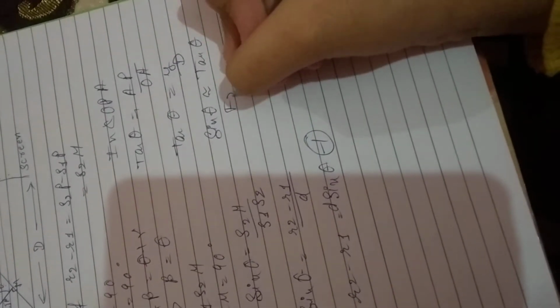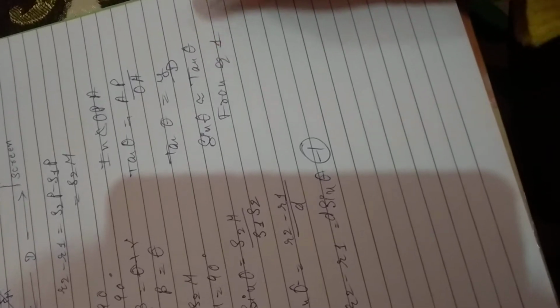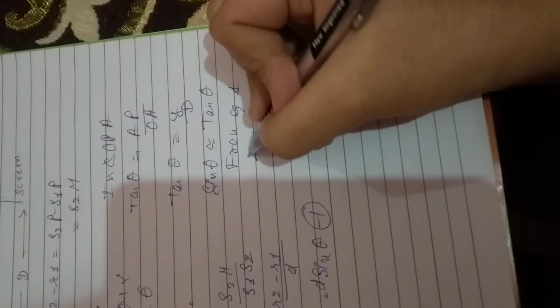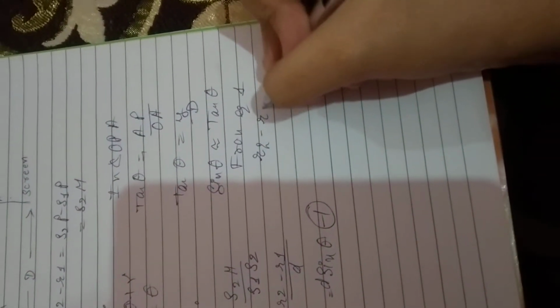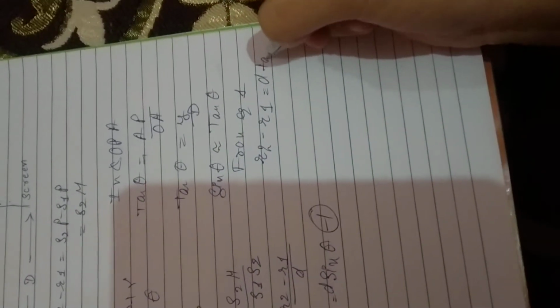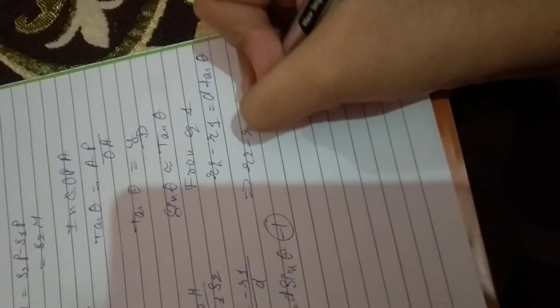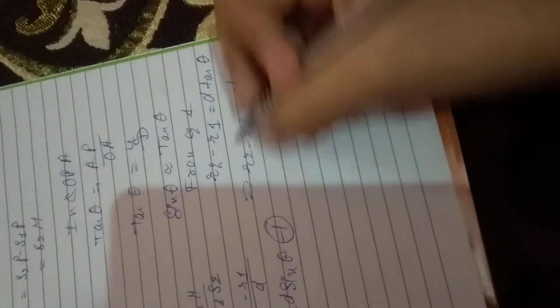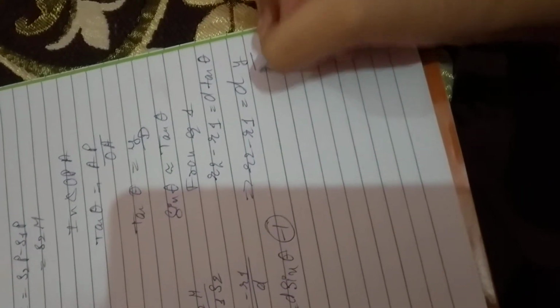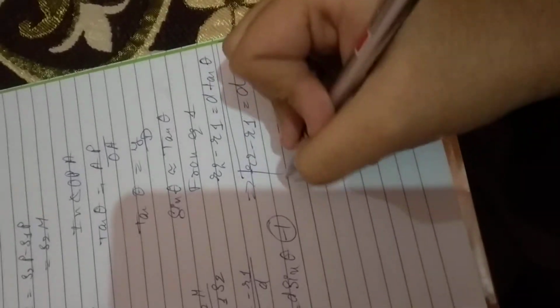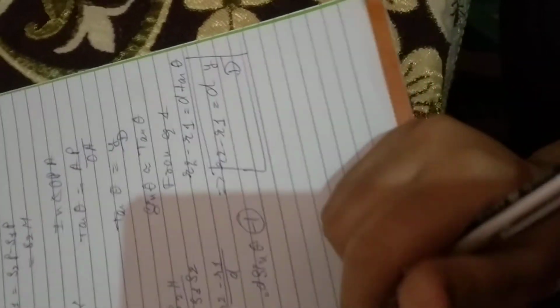So from equation 1, R2 minus R1 is equal to d tan theta. Therefore R2 minus R1 is equal to d y upon D. This is our expression for fringe width.